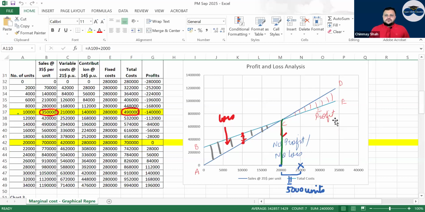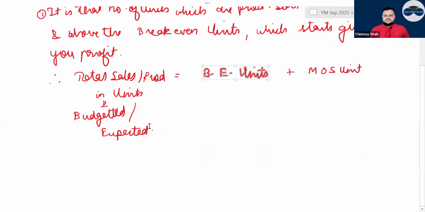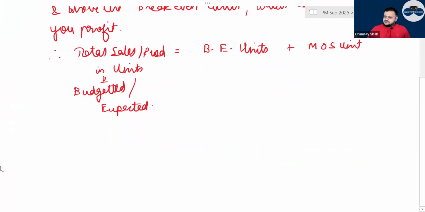Tell me. Yes. Let's do the calculation. Budgeted or expected? Write down example. For margin of safety, we will do something. Okay. Write down example.